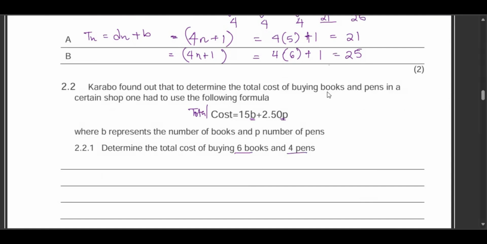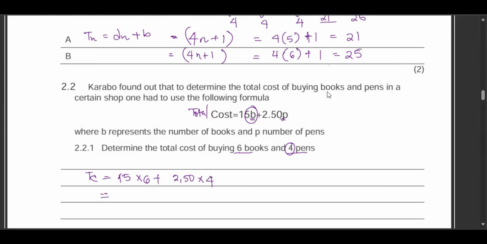I will call it my TC, which is total cost, equals 15. Now, 15, what is B? The number of books. How many are there? There are 6. Plus 2 rand 50 cents times P. P is the number of pens, which is 4.